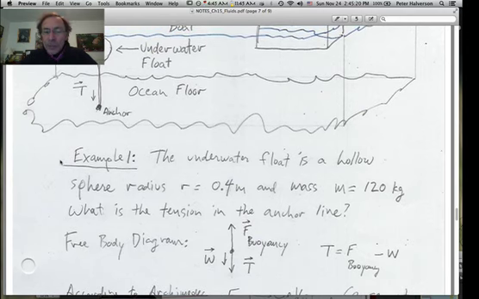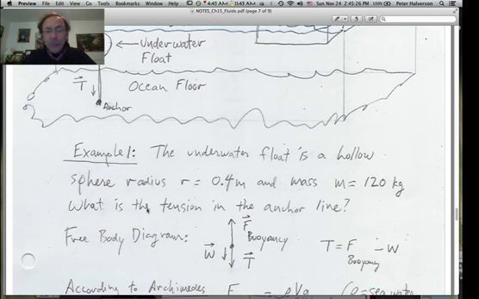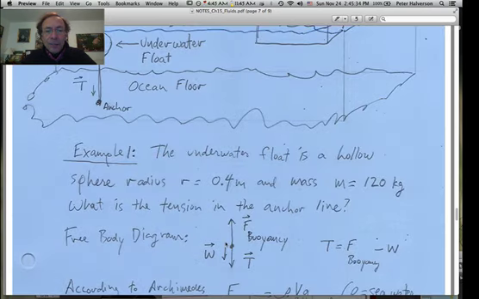So we start by doing a free body diagram. And so here we go.